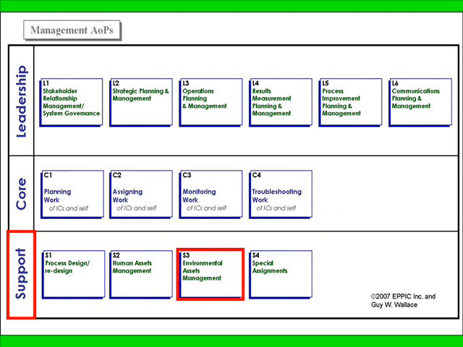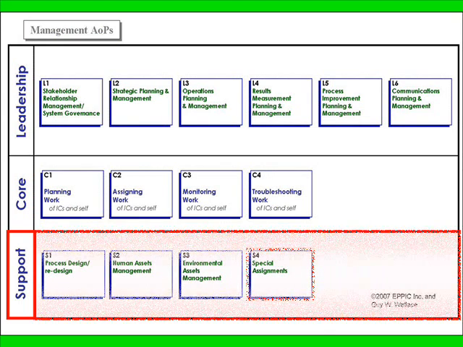Environmental assets management, all the non-human assets that are required: facilities, raw goods, financial capital, etc. And special assignments, because many managers are involved in special assignments. The support management areas of performance are typically the province of middle management, for they enable.